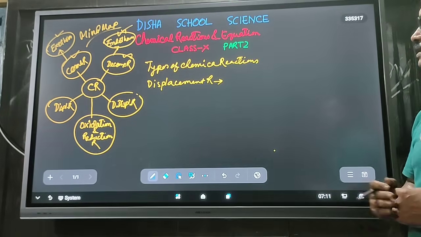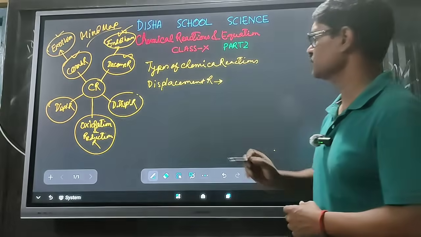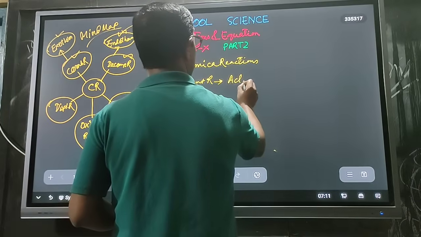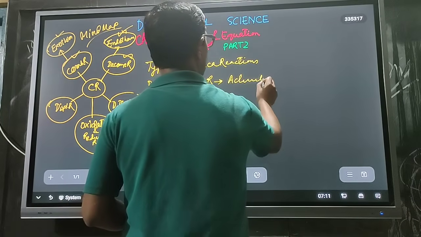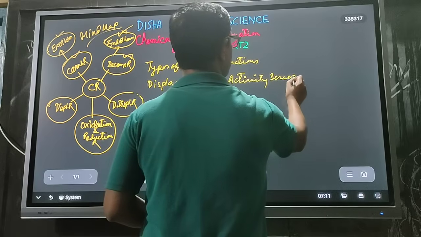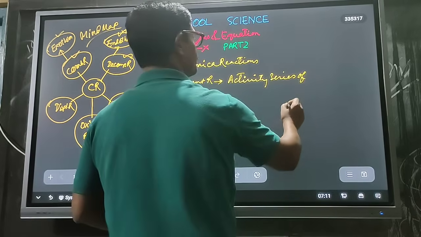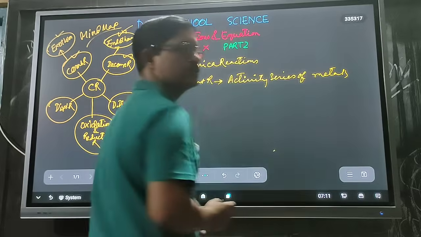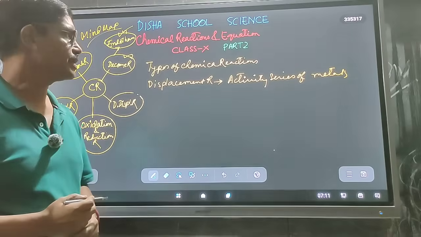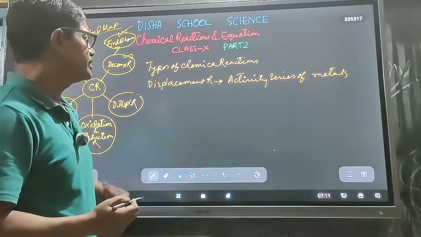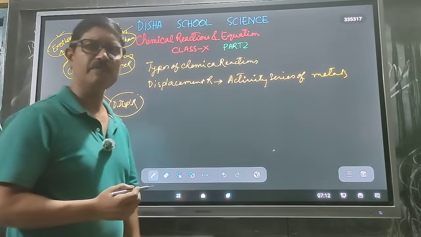To understand displacement reaction, you have to know the activity series of metals. In this activity series, you see sodium, magnesium, zinc, iron, copper, silver.